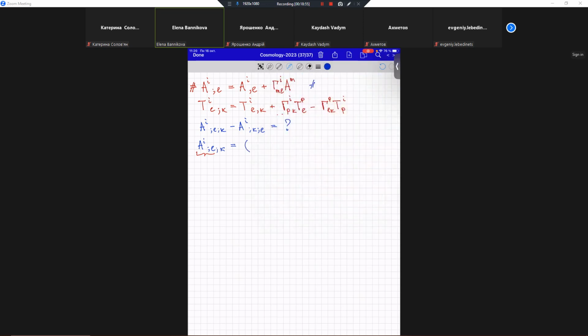So I use this one and I write A_i derivative L plus gamma I M L A_M, covariant K. Please, if there is something you don't understand, please ask me.